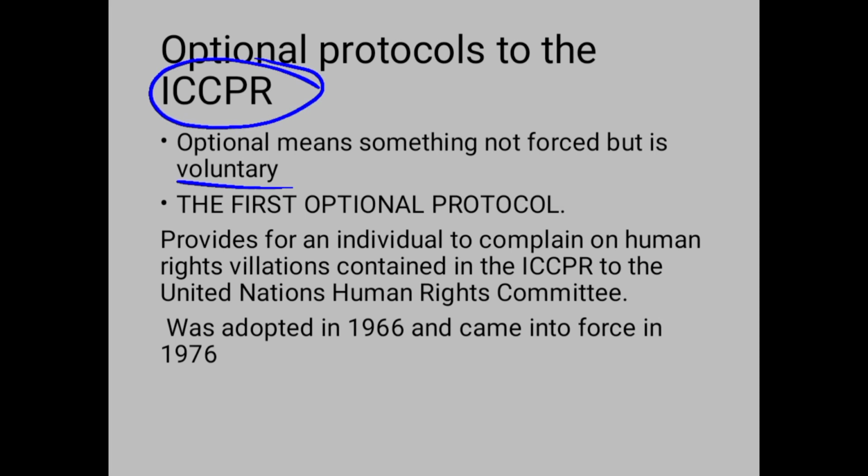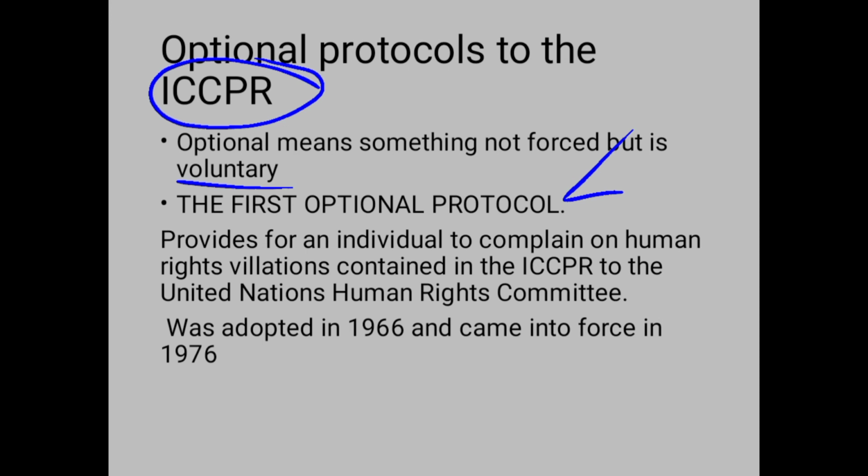There are 2. We have the first optional protocol and the second optional protocol, only 2. So the first one provides for an individual to complain on human rights violations contained in the ICCPR to the United Nations Human Rights Committee.